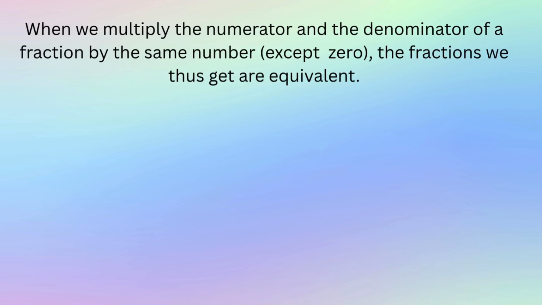When we multiply the numerator and the denominator of a fraction by the same number, except 0, the fractions we thus get are equivalent.